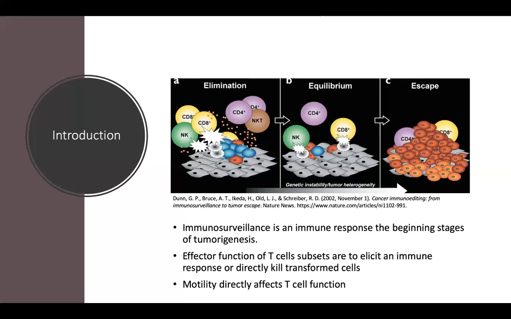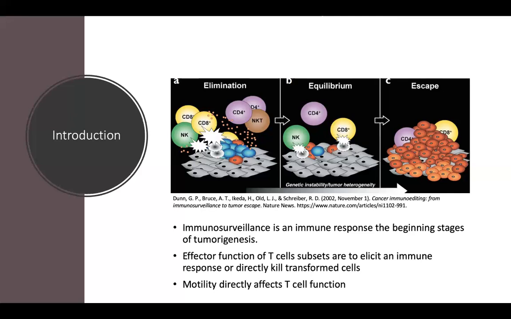In this image you see, in the beginning slide labeled A, where it says elimination. This image depicts immunosurveillance, where you see the CD8 positive T cells, the natural killer T cells, and the CD4 positive T cells interacting with the cells that are beginning to transform.